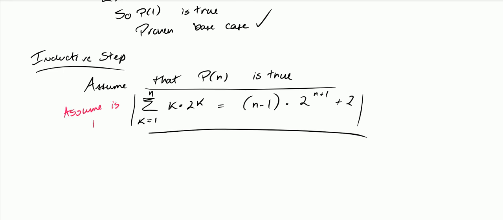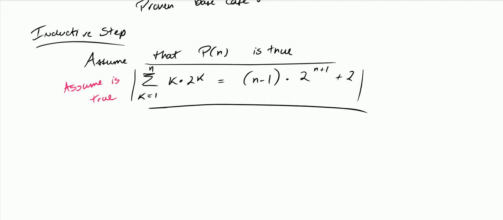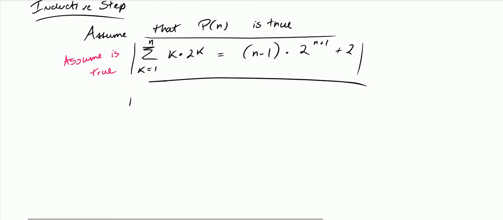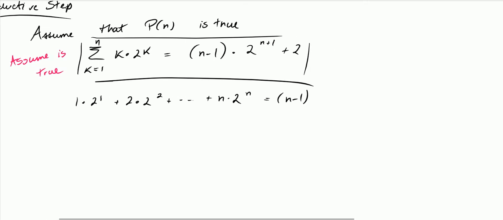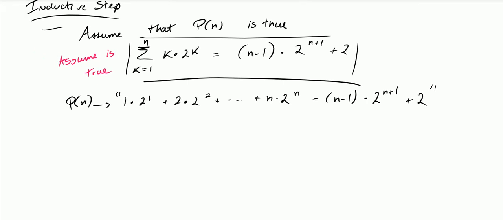In other words, I'm saying that 1 times 2 to the 1, plus 2 times 2 to the 2, and so on, plus n times 2 to the n, is equal to (n minus 1) times 2 to the n plus 1, plus 2. All of this is also Pn. So I'm assuming Pn is true. That's my assumption.